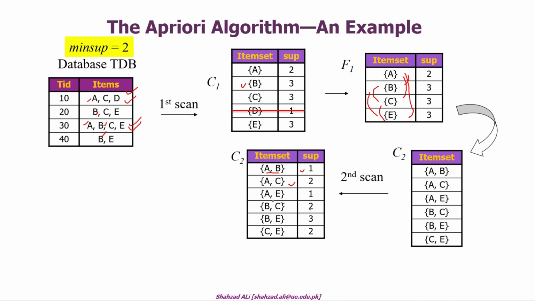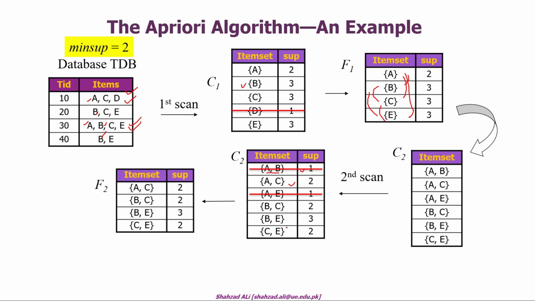And similarly we have calculated the support count of each candidate item set of length 2. As you can see, AB and AE have support count of 1, so that's why they are removed from the frequent item sets, and our frequent item sets are AC, BC, BE and CE with the support count of 2, 2, 3 and 2 respectively.